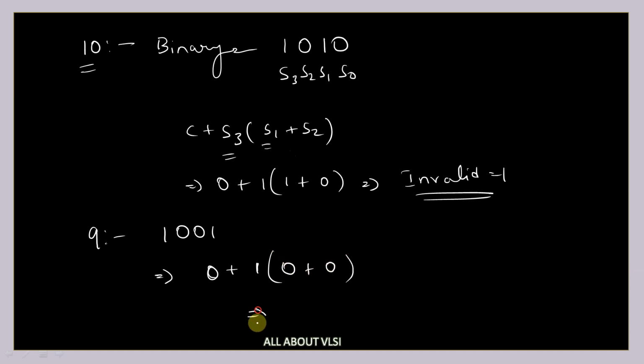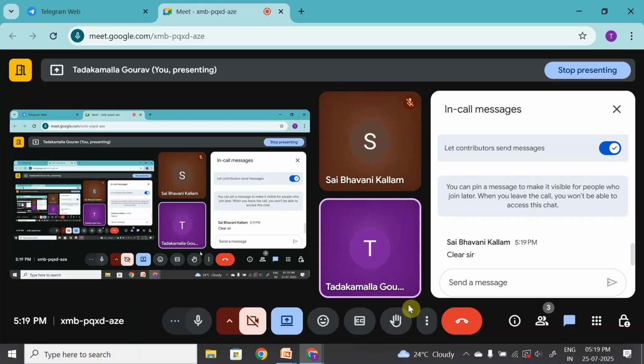So invalid is equal to 0. That means it is a valid code. This is how, with this equation, you decide whether the output sum which has been generated is a valid sum or an invalid sum.